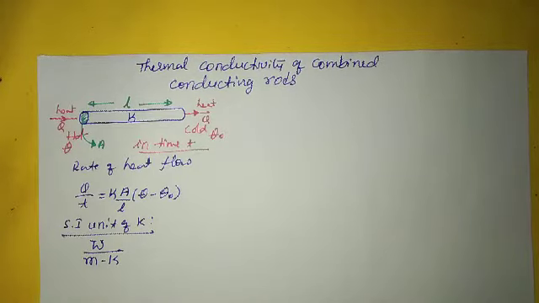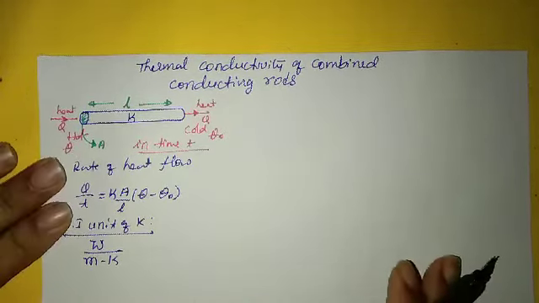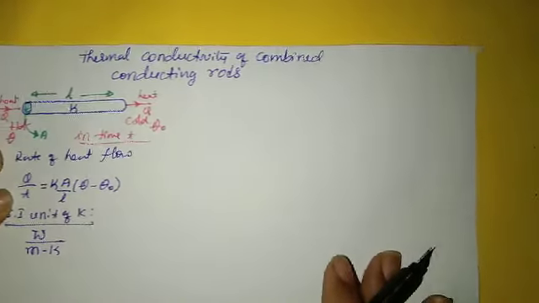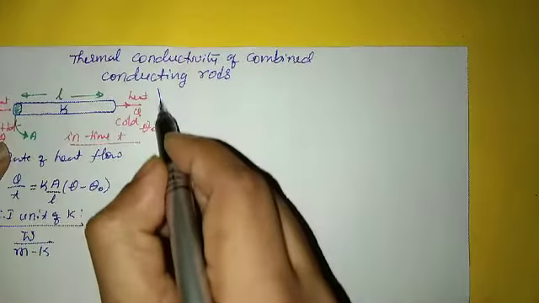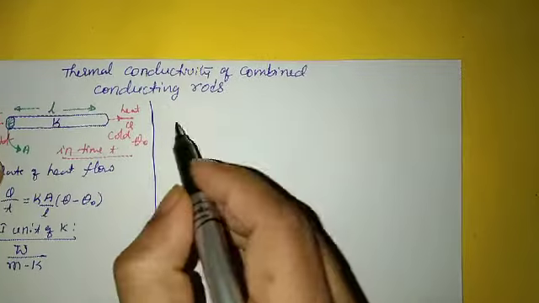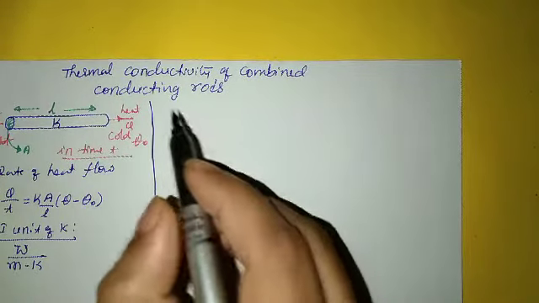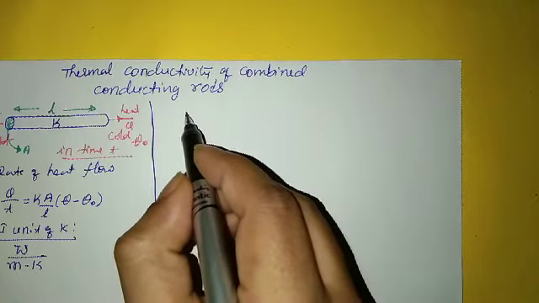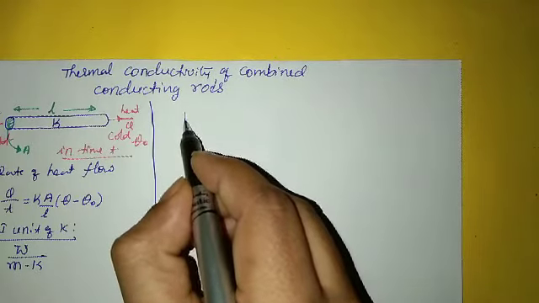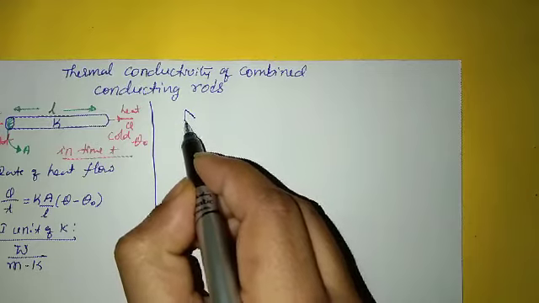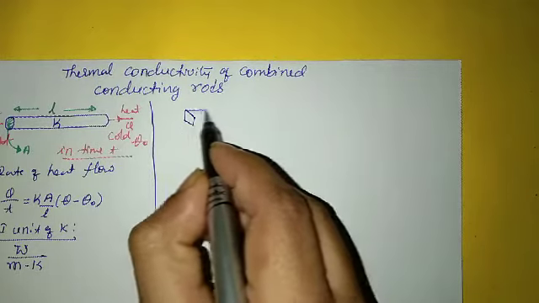Now we have to say it for a combination of such rods. For example, if I have two rods connected like this, I simply assume one square rod is connected here.